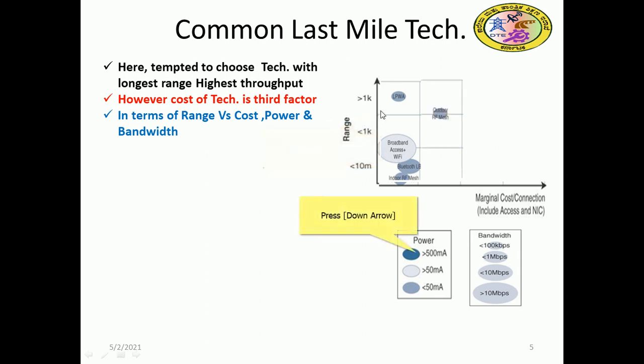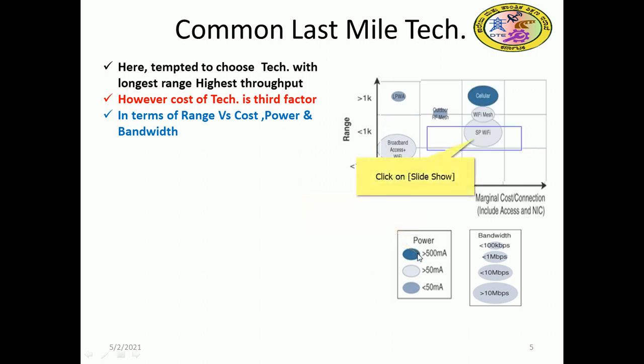So let me consider the outdoor radio frequency, that is more than 1 kilometer. So again more power will be consumed. And here one can consider cellular technology, which has more power consumption and covers more than 1 kilometer.